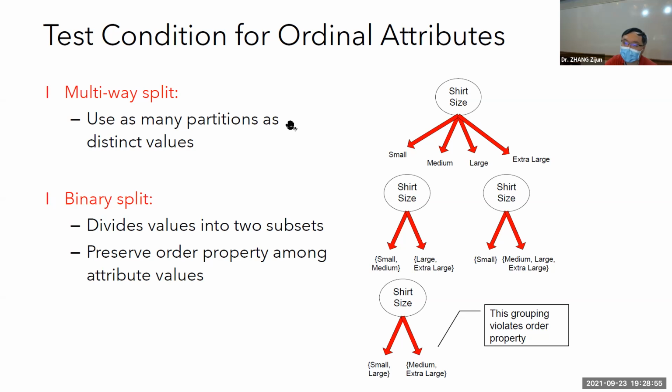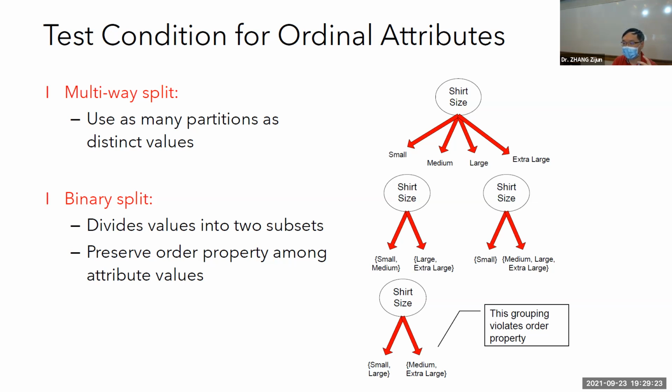But things come a little bit different if we deal with ordinal attributes. So what is the difference between nominal and ordinal attributes? In ordinal attributes, the values have order. Here, if you look at small, medium, large, and extra large, it has some kind of order of scales.